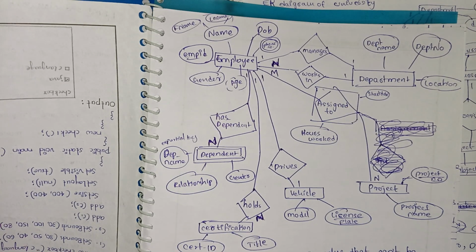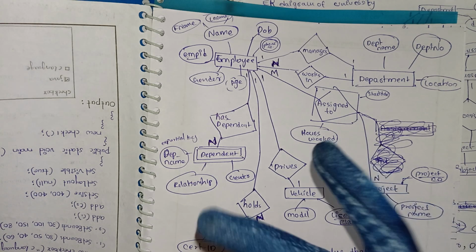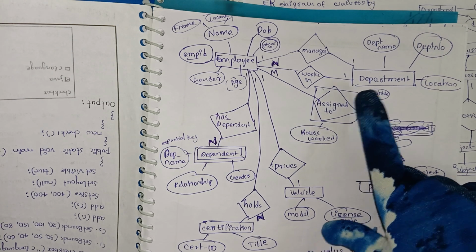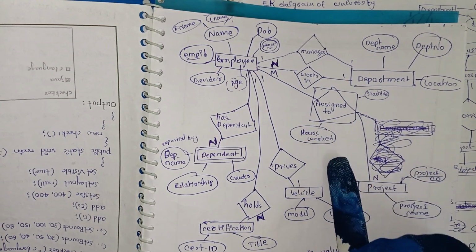So what's the difference between a relationship and an associative entity? A relationship means the association between two entities, and an associative entity holds the association, and also it has its own attributes, like in this case start date and hours worked, okay.